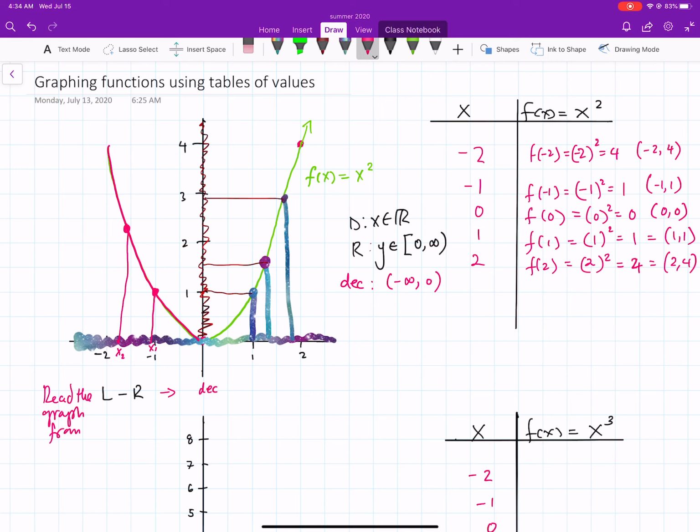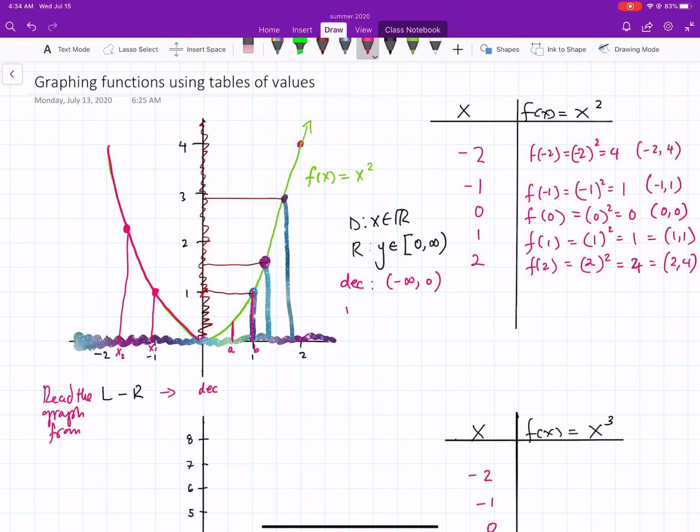You can see that for every x, if you compare two x values, if this is A and this was B, if you compare A and B, the y value for B is always bigger than the y value for A. So the values of y are getting bigger and bigger as you compare any two of them after 0.